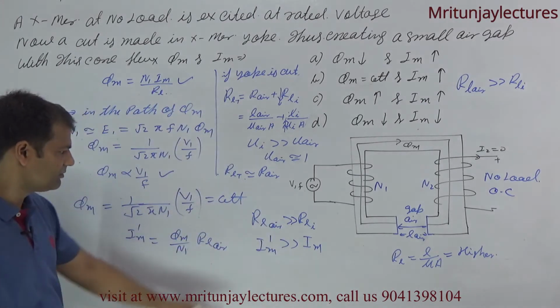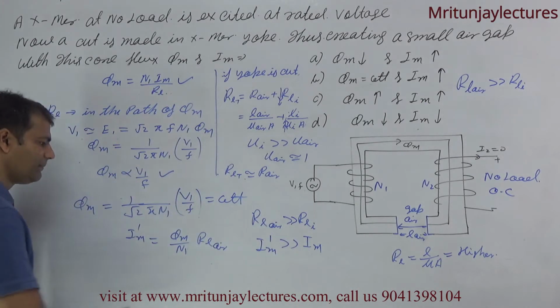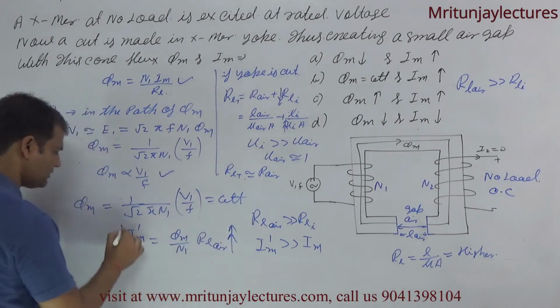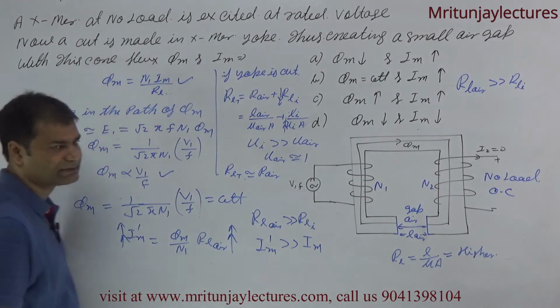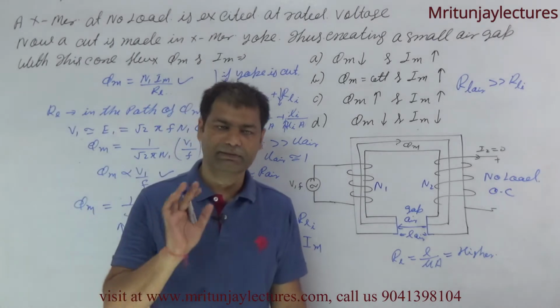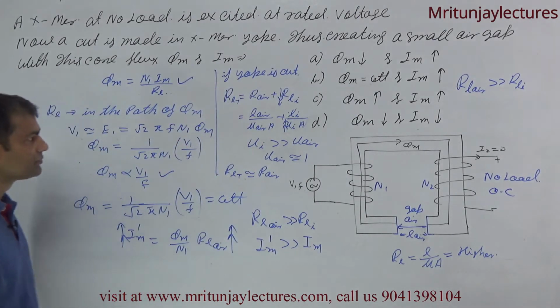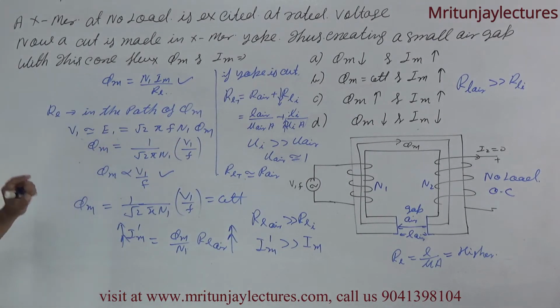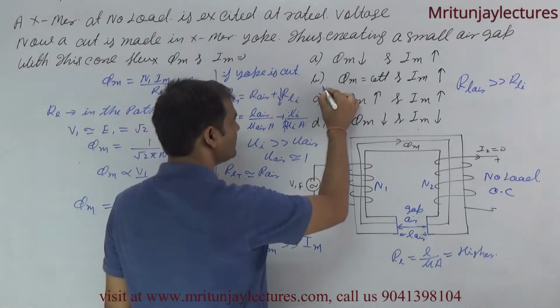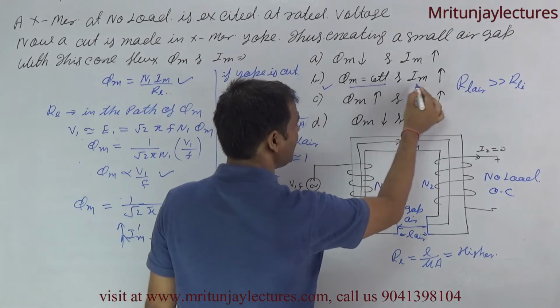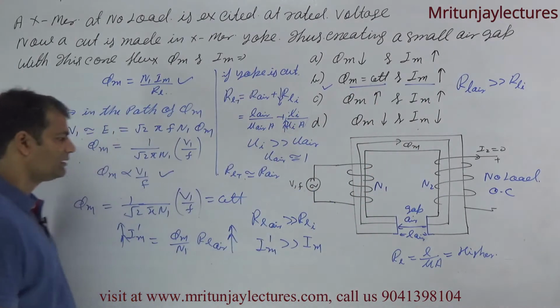Clear? Why? Because of this one. If reluctance increases, magnetizing current also increases. Clear? So corresponding to the question, phi m is constant and Im increases. Clear?